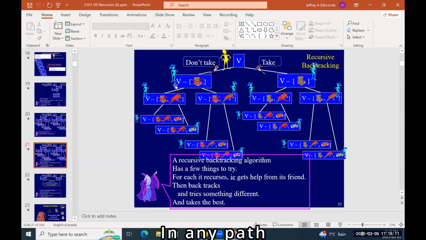In any path down the tree, it's kind of like what you're saying: put it in, don't put it in. It's considering the objects one at a time, but the code does it recursively. I go over here, recurse, and over here, recurse. There's not a loop where I'm looping over the objects.